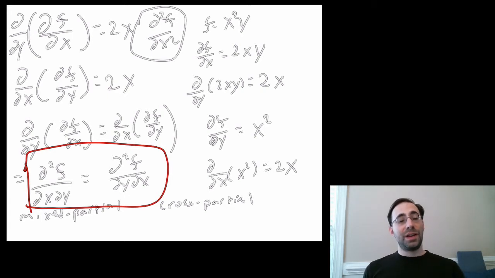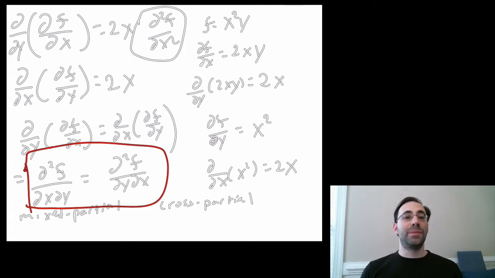In other words, increasing one variable makes the other variable have more of an effect on the function. And that's true in both directions. If you increase y, then x has more of an effect on f. If you increase x, then y has more of an effect on f. That's what happens if x and y are complements in a sense. Increasing one makes the other one more beneficial for increasing f.